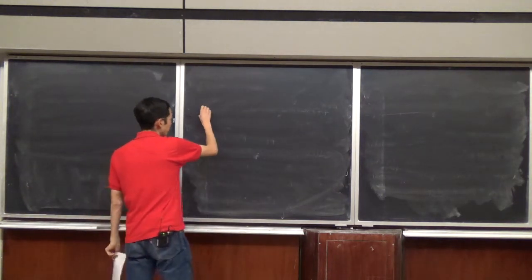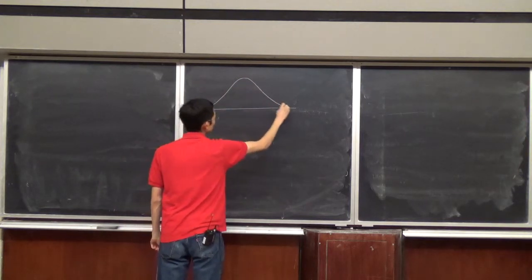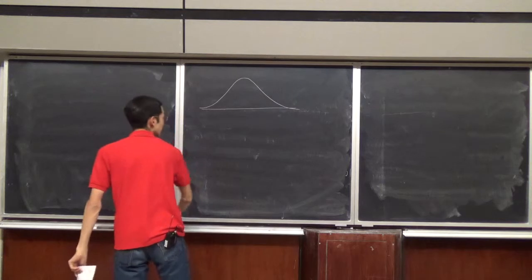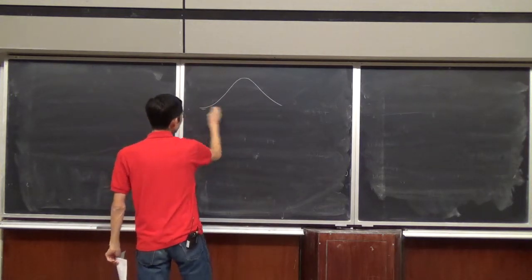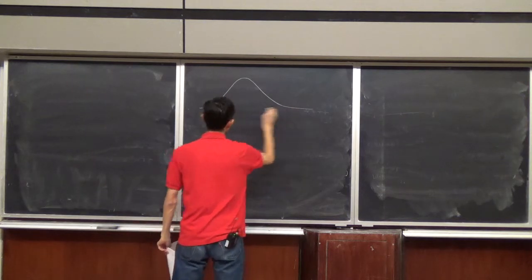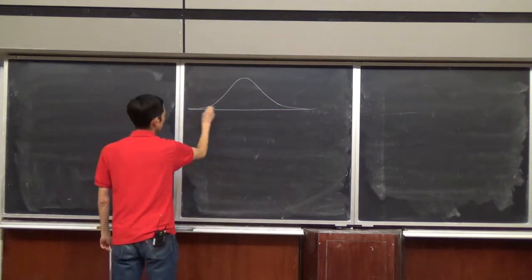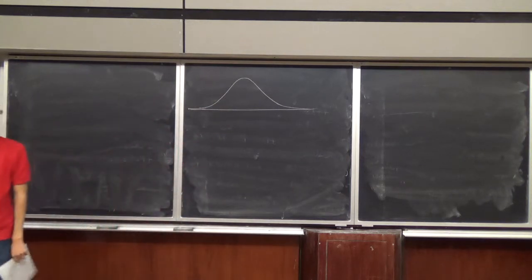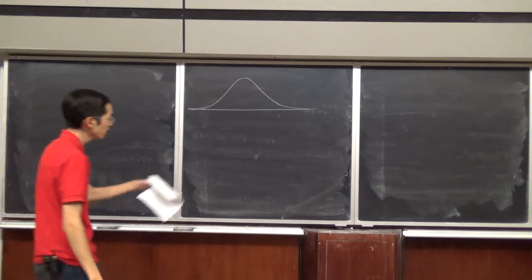Okay. So imagine we're going to talk about the normal model, and the normal model looks something like this. It looks like a hill. Sometimes it's referred to as a bell curve, but this is the normal model.